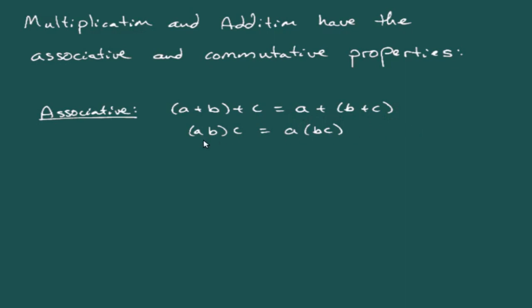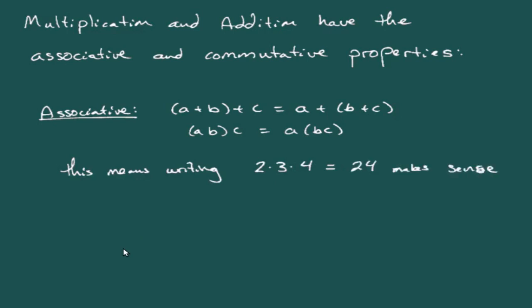If we're multiplying three numbers together, it really doesn't matter whether we multiply the first two numbers, then multiply the third, or whether we multiply the second and the third and then multiply the first. The associative property says that we're going to get the same answer either way. So that's a nice property to have. It really just means that when we're writing things like 2 times 3 times 4, it's going to be 24, and we don't have to have these parentheses to tell us what order that we're doing things.